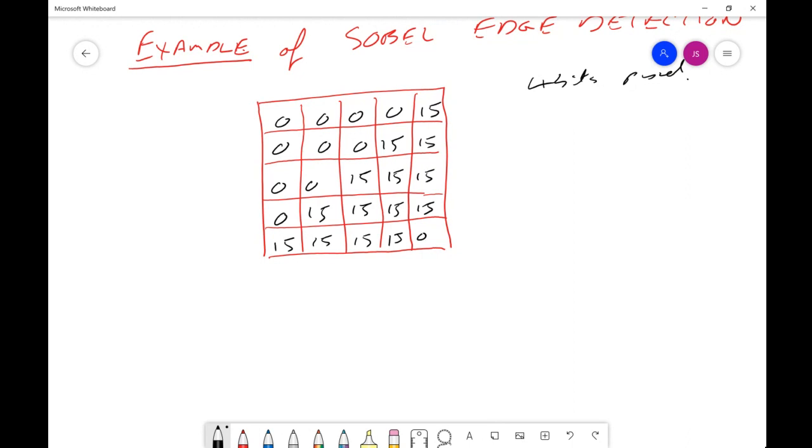And clearly, if you had that image in front of you before digitization, the image would look something like this. It would be a black region there, and a white region beneath it. And we want to detect the edge between the two.